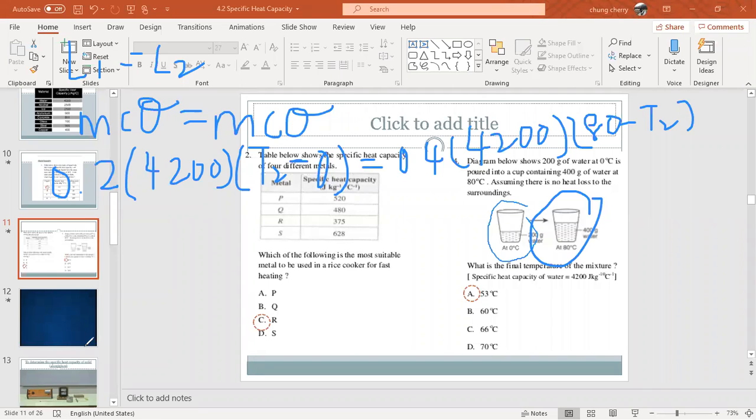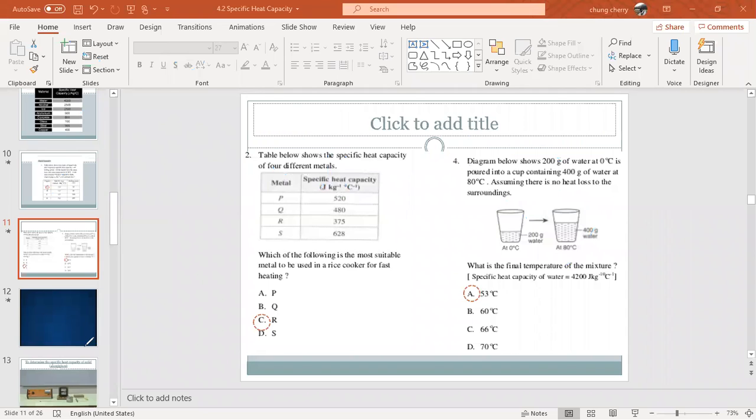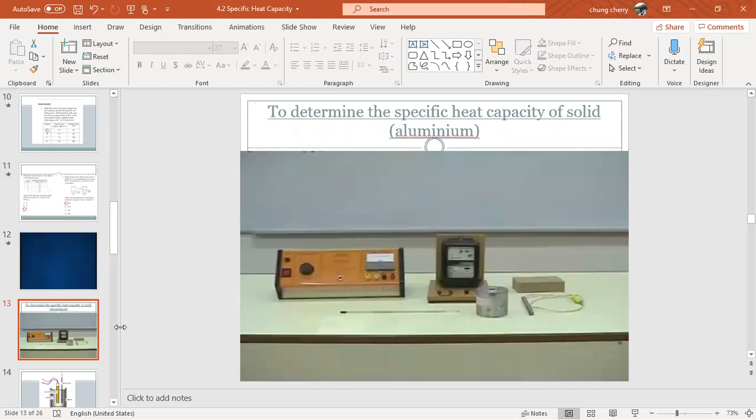Now the next one: we need to know the way to determine the specific heat capacity for a solid and for a liquid. For solid, we will use aluminium as an example. For liquid, we will use water.